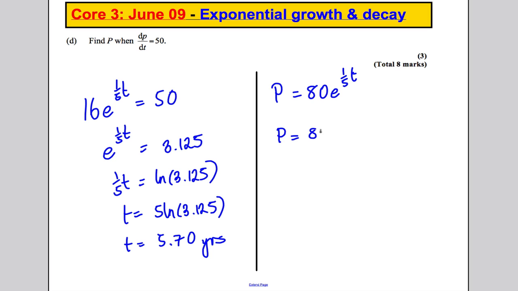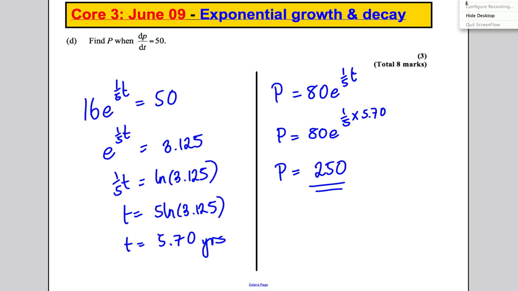So p is 80 e to the 5th multiplied by 5.70. And if you do that, you would get yourself 250. So you would get yourself that your population is exactly 250 rabbits.